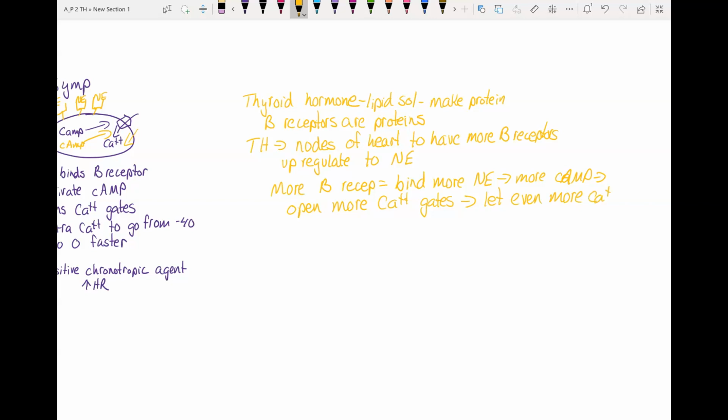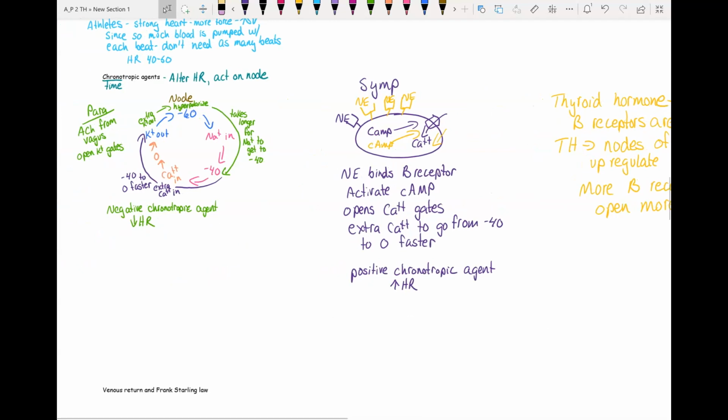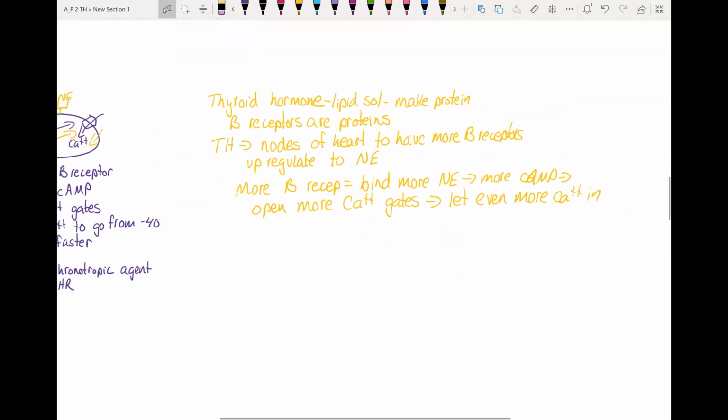And that will make you go from -40 to 0 even faster.